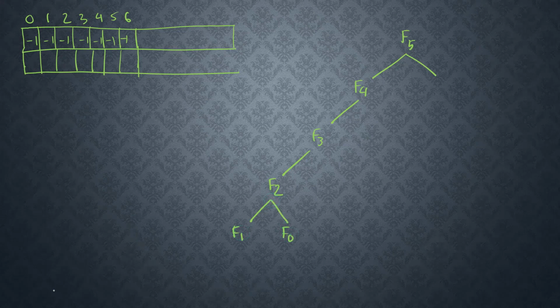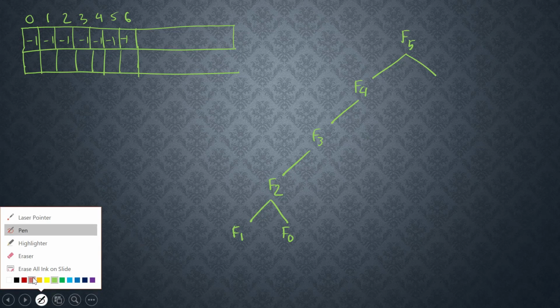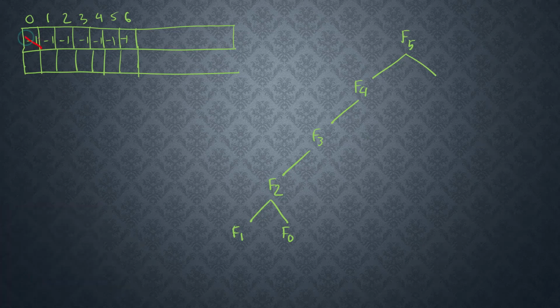Now, f1 and f0 will be initially predetermined as 1 and 0. These will not be minus 1, because otherwise it will go on forever. So f1 will return 1 and f0 will return 0, and f2 will be calculated.